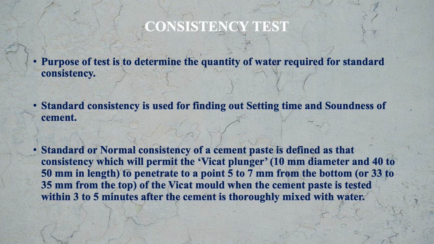Because the Vicat mold is 40 mm in height, if you are measuring from the bottom, the penetration should be up to a point 5 to 7 mm from the bottom. If you are measuring from the top of the mold, it is 33 to 35 mm from the top. At this penetration we say that the consistency is the standard consistency.